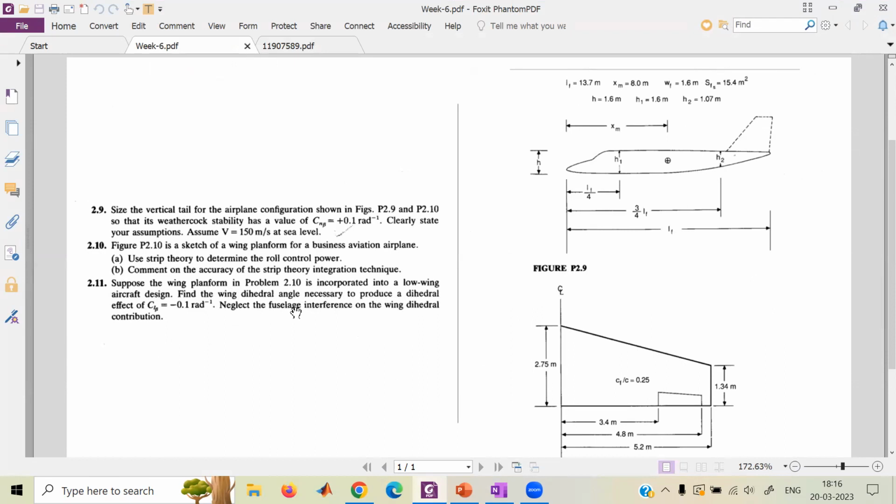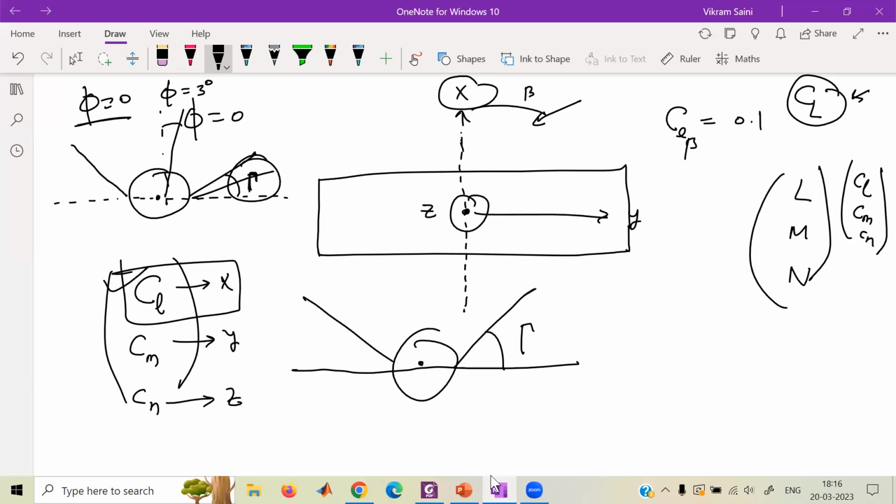Find the wing dihedral angle necessary to produce a dihedral effect of CL beta. Now, this effect is called dihedral because of the existence of the angle gamma. There exists a tendency of the aircraft to return back to 0 roll angle. It has roll stability, in other words.